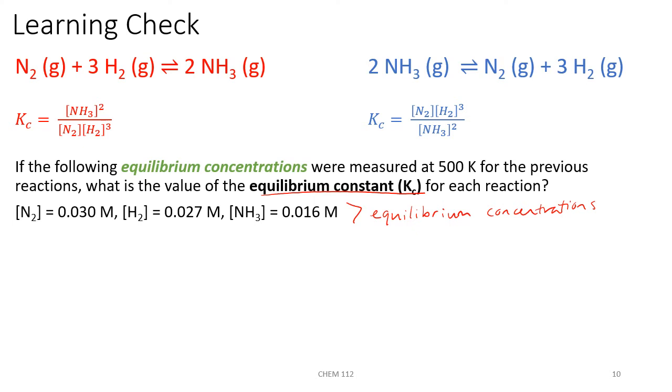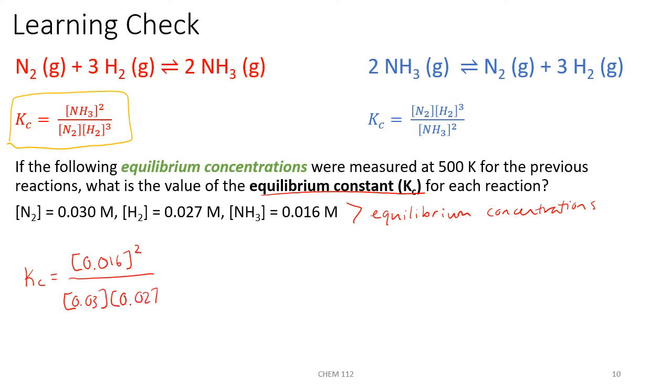So on the left-hand side, we have our nitrogen plus hydrogen forming ammonia, and this is the equilibrium expression that we wrote previously. So we're going to take our equilibrium concentrations and plug them in. K sub C will be equal to the concentration of ammonia, which is 0.016 molar, squared over the concentration of nitrogen, which is 0.03 molar, times the concentration of hydrogen, 0.027 molar, and hydrogen is cubed.